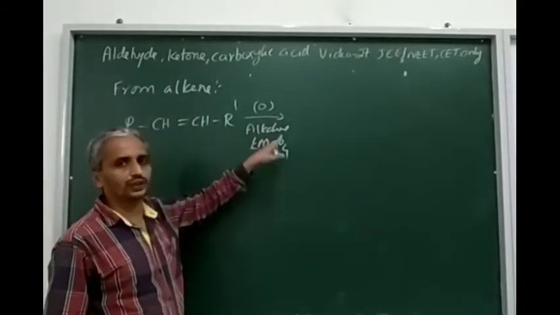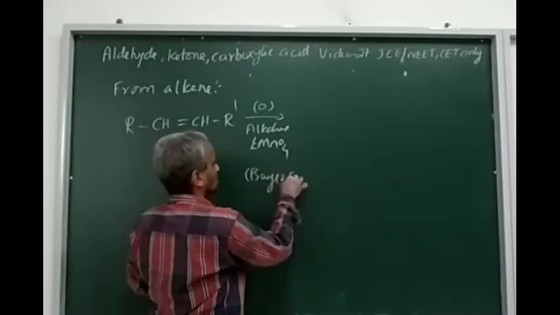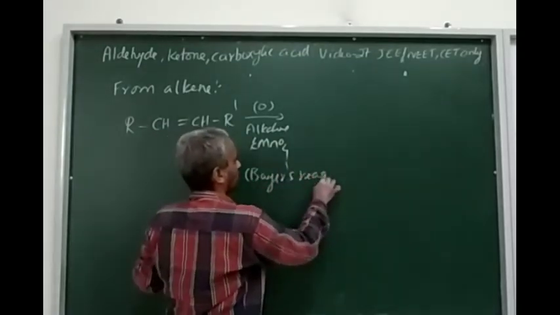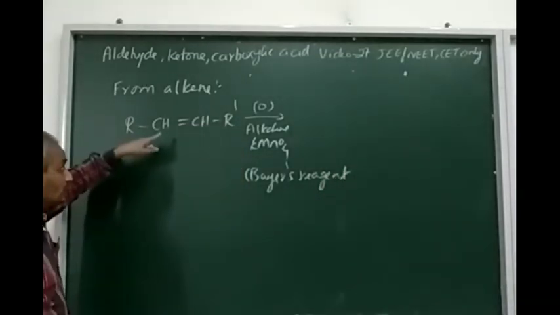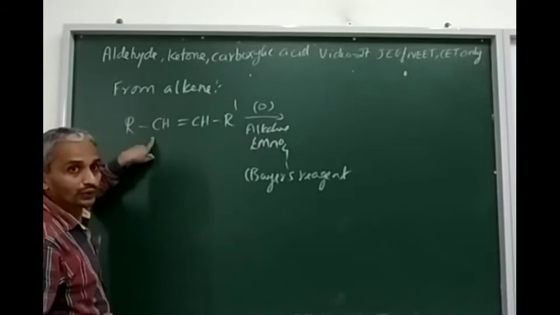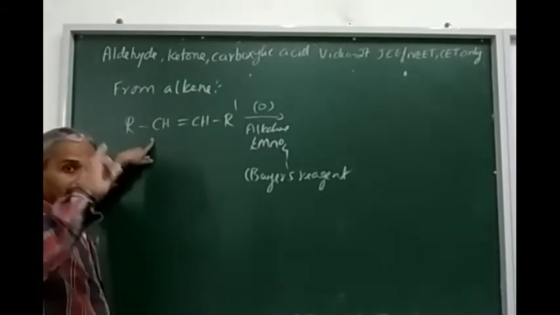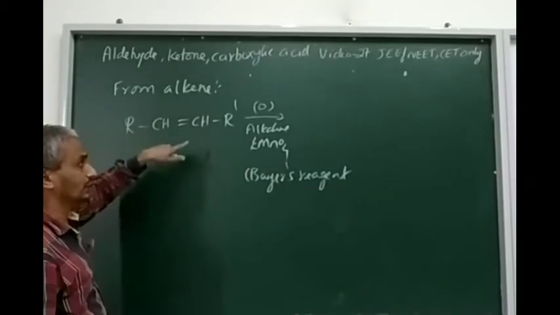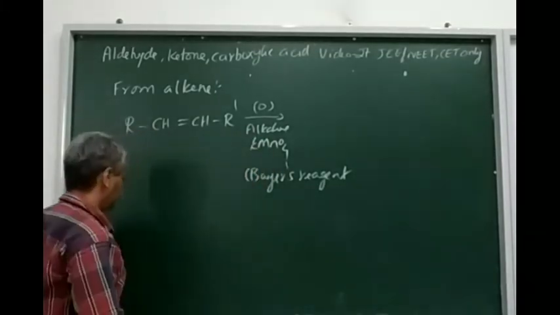Alkaline KMnO4 is also known as Baeyer's reagent. The double bonded group gets oxidized, and then they get converted into carboxylic acid. Meantime, the color of the KMnO4 gets discharged.